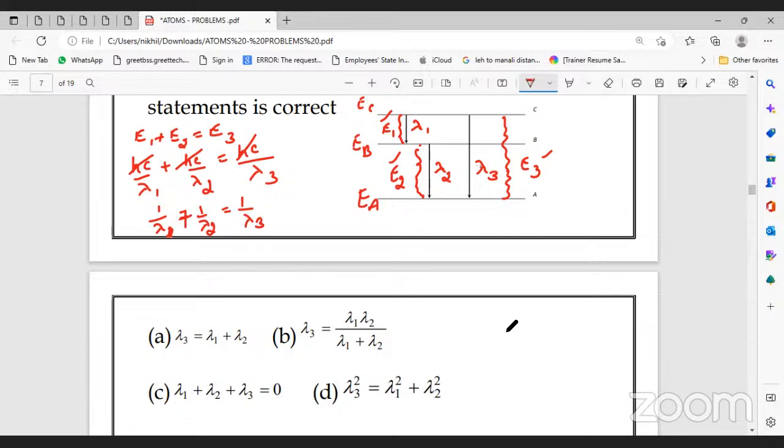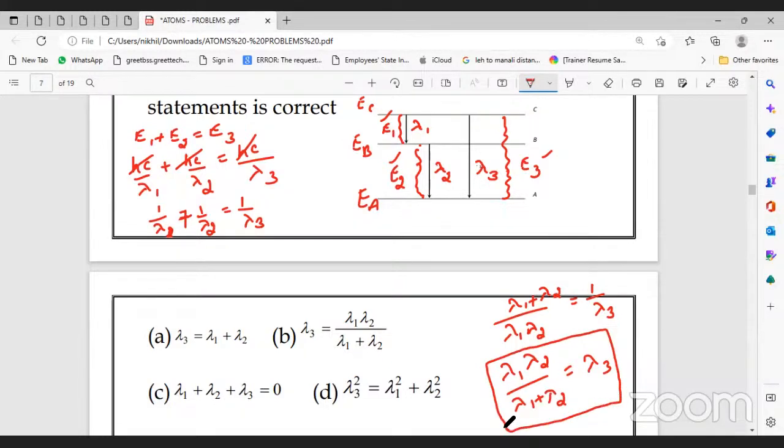Taking the LCM, lambda 1 lambda 2, in the numerator we get lambda 1 plus lambda 2. Taking reciprocal, lambda 3 is equal to lambda 1 lambda 2 by lambda 1 plus lambda 2.